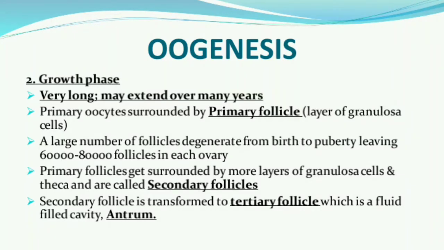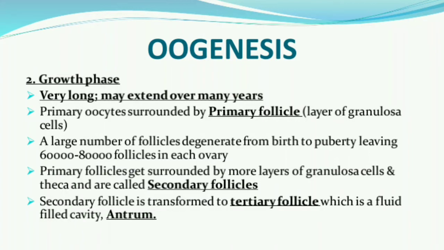The next phase is growth phase. Now this growth phase is very long and it may extend over many years. Now the primary oocyte is surrounded by primary follicle. What is that? It is layer of granulosa cells. A large number of follicles degenerate from birth to puberty, leaving 60,000 to 80,000 follicles in each ovary, as I have mentioned.